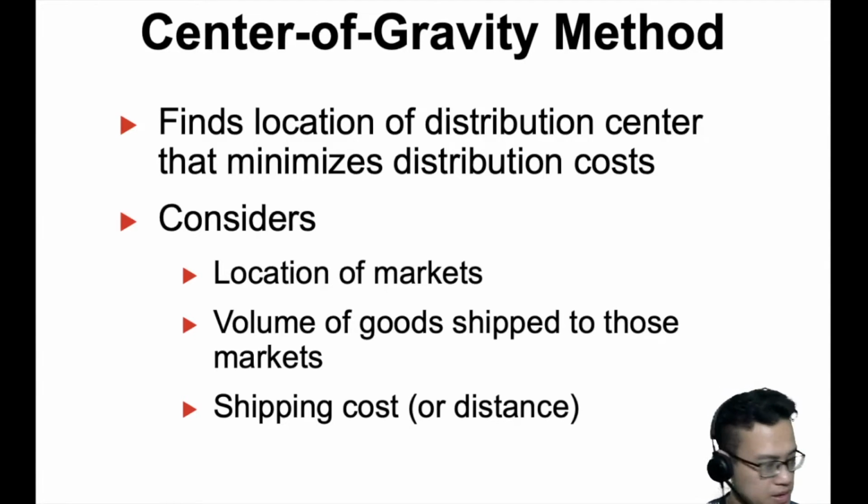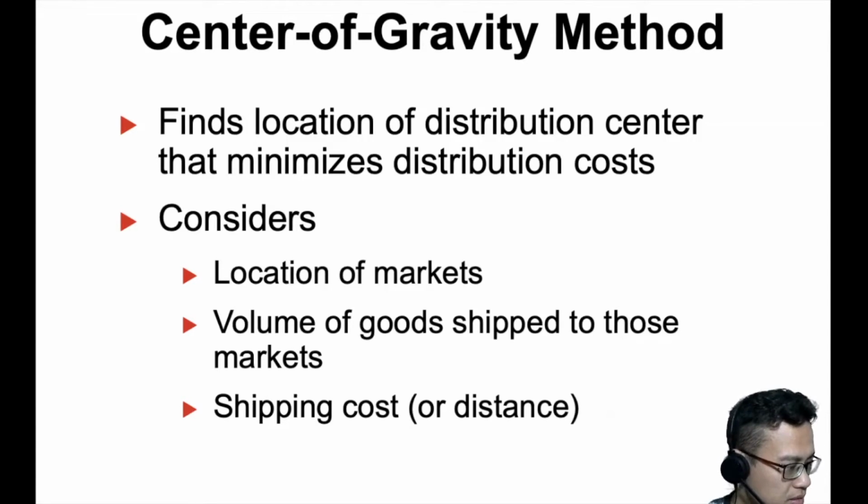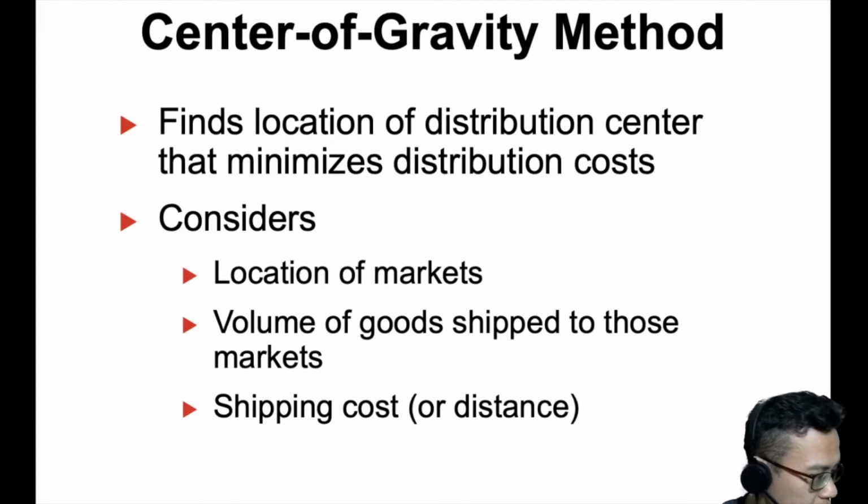The center of gravity method is another mathematical technique other than weighted scoring or location cost volume analysis. The method takes into account the location of markets, the volume of goods shipped to those markets, and shipping costs in defining the best location for a distribution center.